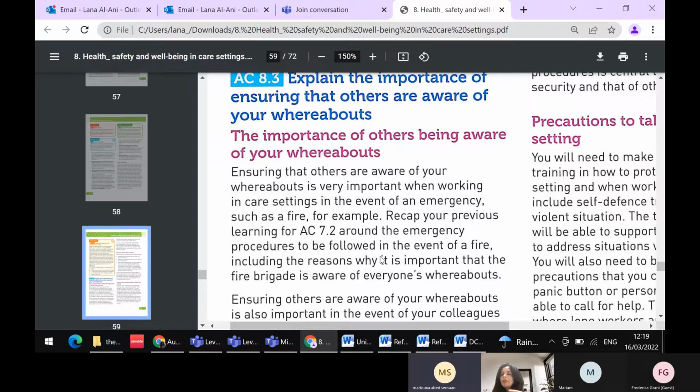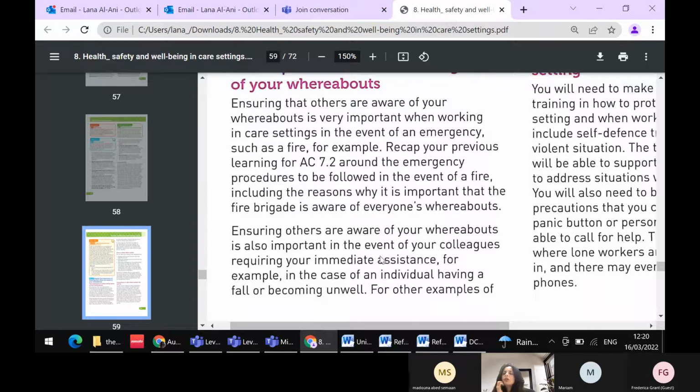Also, they might think you're not attending that day, and they might sack you because they think, she didn't even bother to let us know that she is not attending today. So it is very important to report where you are at that time. You need to ensure that others are aware of where you are at that moment.